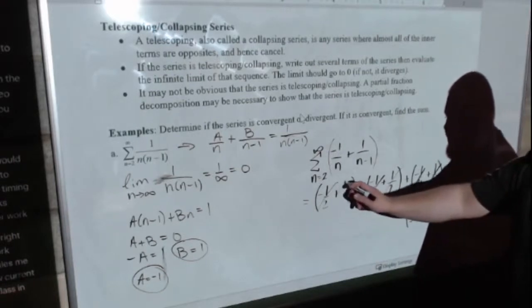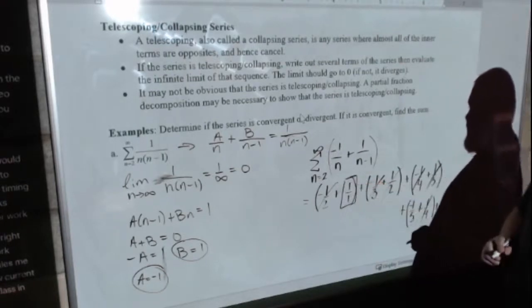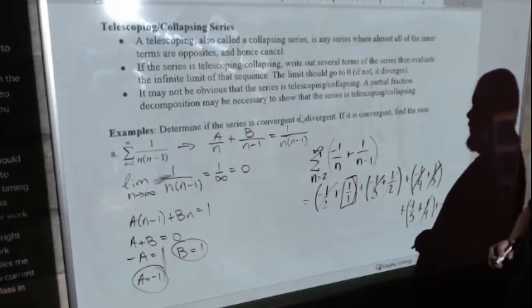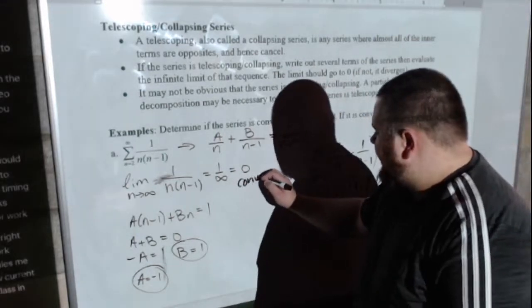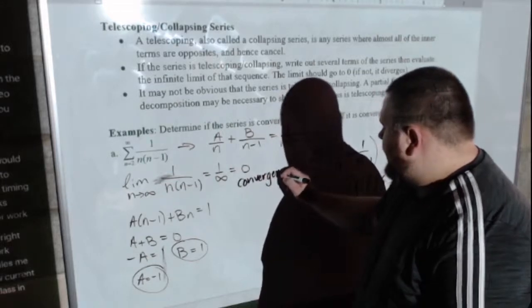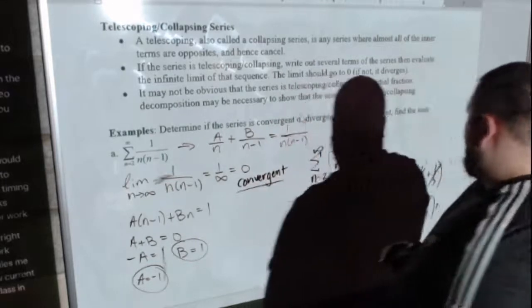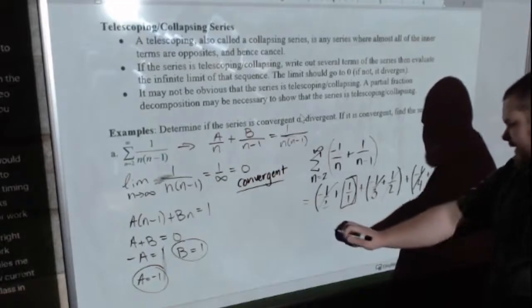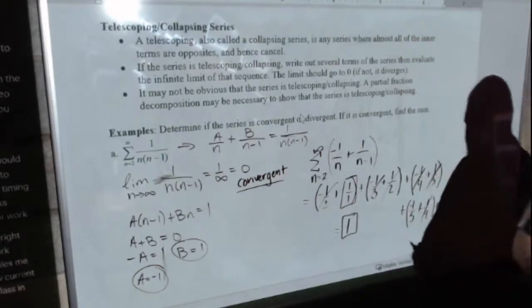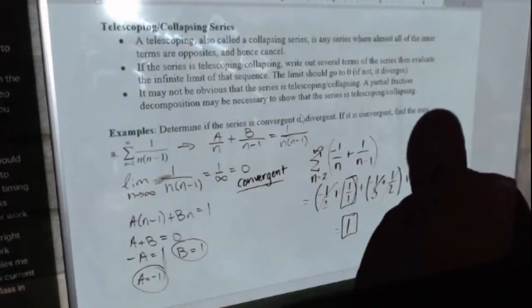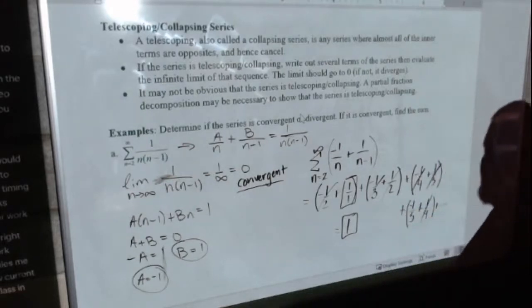So the only thing left is this 1 here. So this tells me that it's a convergent series. And this is my sum. Any questions about that?